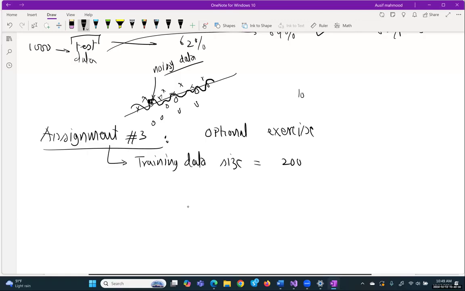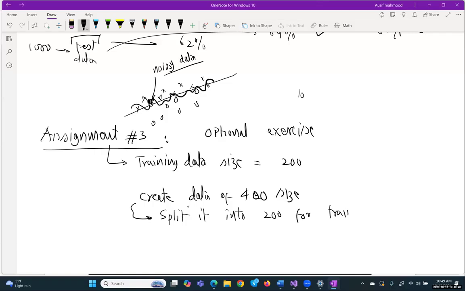So what I'd like you to do is, instead of using 200, create data of 400 size. Then after you create data of 400 size, split it into 200 for training and 200 for testing.